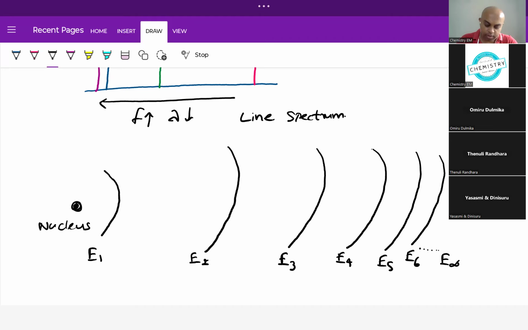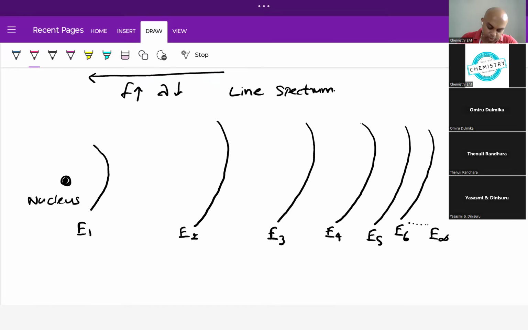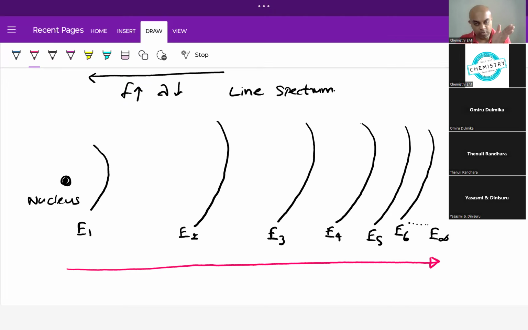In this direction, from the nucleus outwards, energy is increasing. I'm talking about the energy level concept.